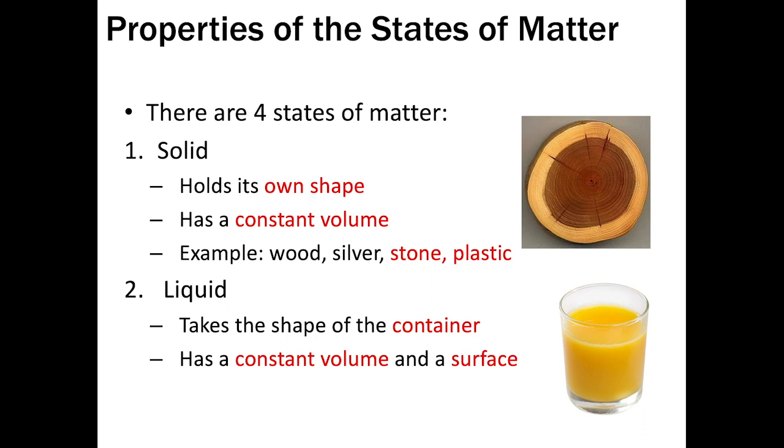So if I pour 250 milliliters of coffee into my cup, it's going to be the same if I pour that 250 milliliters again back into the frying pan. So it has a constant volume, and it typically has a surface. You can see here that the top of the liquid has flattened out, and that is what we're referring to as the surface. Examples: oils, juice, and gasoline.